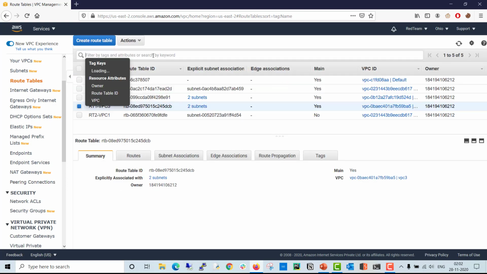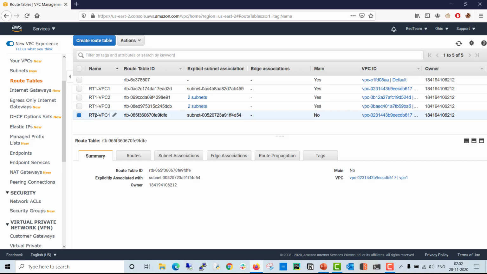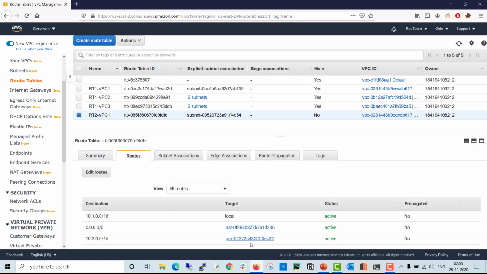Okay, let's close this one. So this is the routing table I have. Simply, when we're talking about the VPC1 routing table, this is a routing table of VPC1. You can see here we have a route with PCX, meaning peering connection. That means if you are in this subnet, not in the other subnet, though it is also part of VPC1, you can see this subnet doesn't have a route to VPC2, but this subnet does.